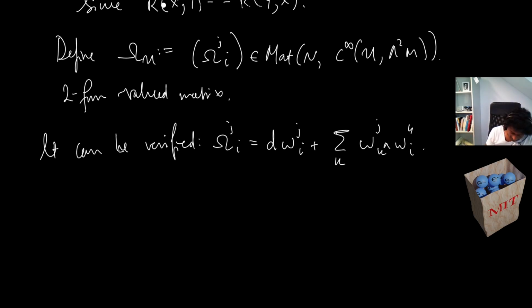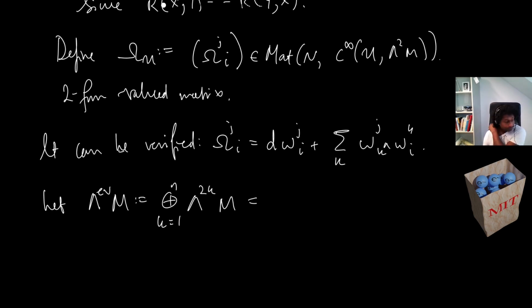Okay, now let's define, so let the EV of M be the sum of the even forms, k equals 1 to n of Ω^{2k}(M). Well, I probably shouldn't be going all the way up to n because after some terms it's going to be 0. So it doesn't really matter. I'll just write k over all n, and then it'll be 0 at some point.